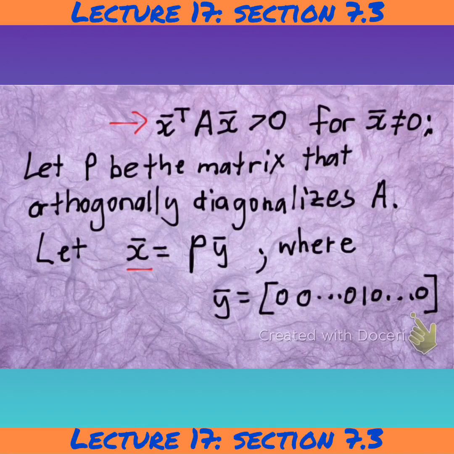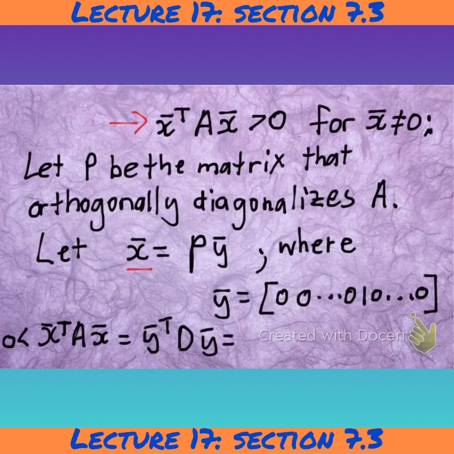And basically then we can write x transpose A x, which we know is always positive, as y transpose D y, where D is the diagonal matrix with all those eigenvalues on the diagonal.